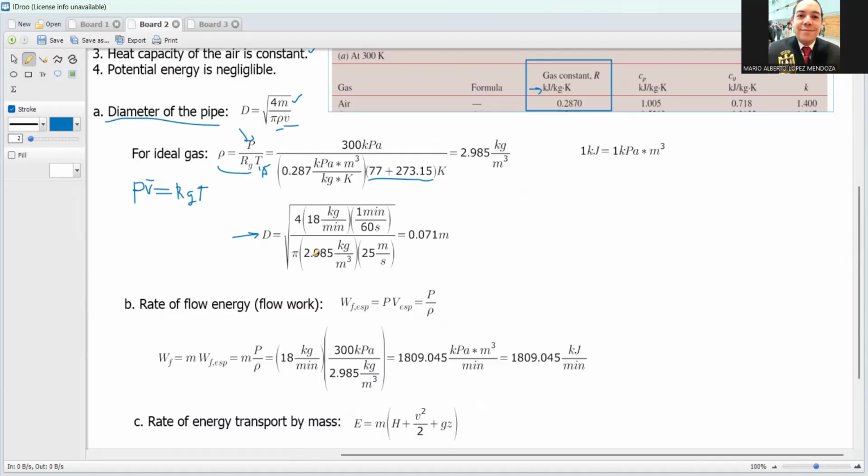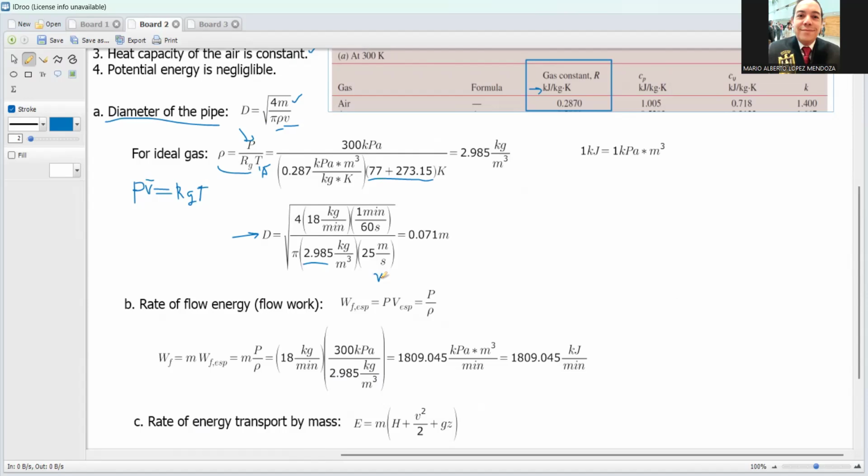After that, we divide by the density that we just estimated and the velocity of the air. The result of this is a diameter of 0.071 meters, which is near 7 centimeters.